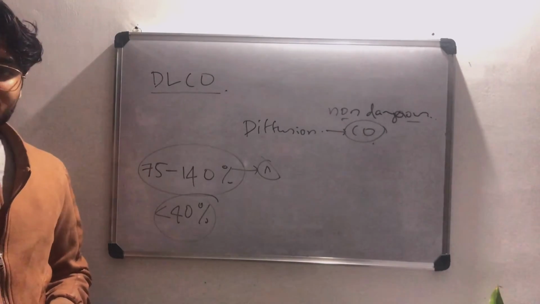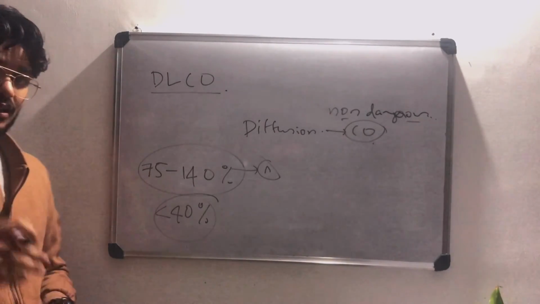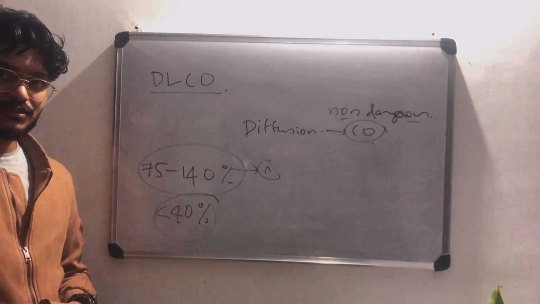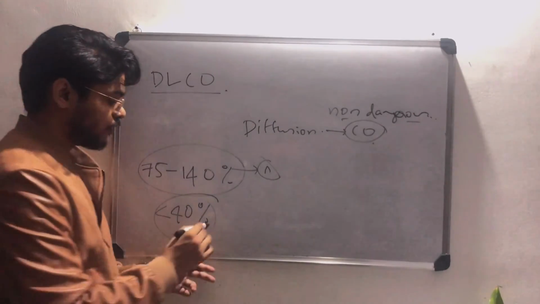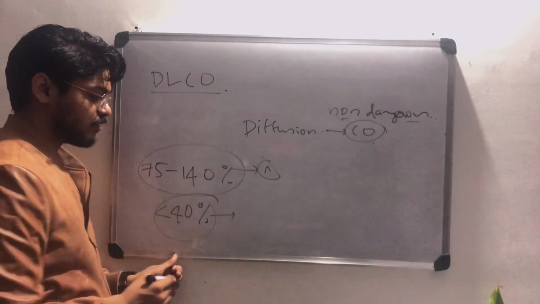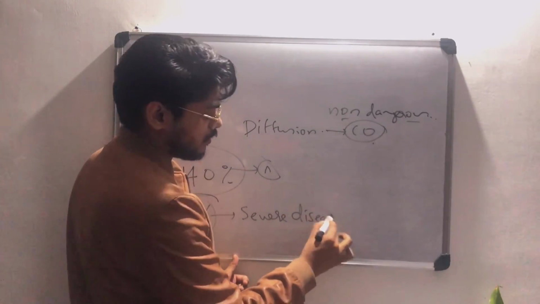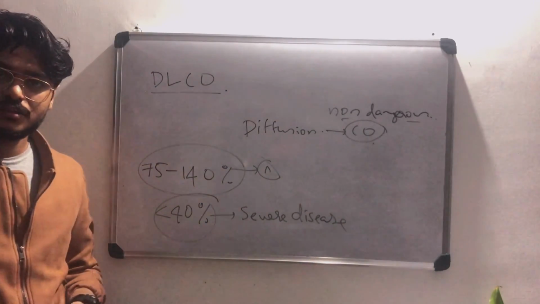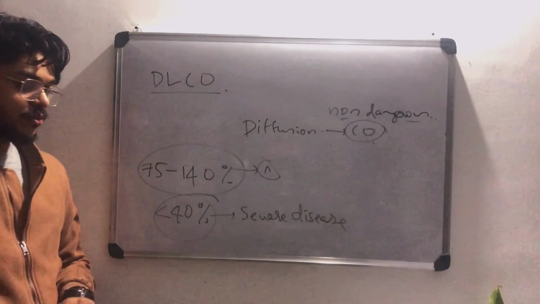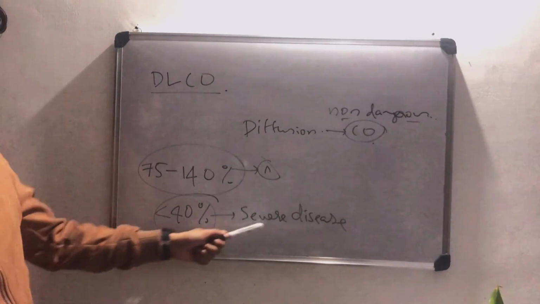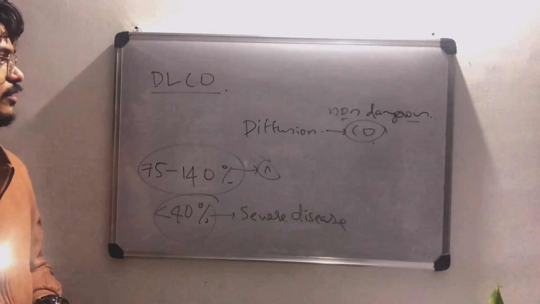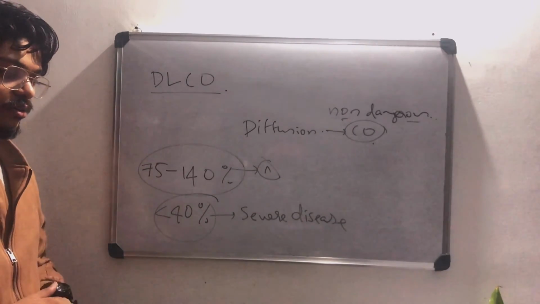That means DLCO is very low, so diffusion is very low. There is some problem with diffusion. That means it is a severe disease, like interstitial lung disease, right, or emphysema. So this denotes some severe disease if DLCO is less than 40. This is all about DLCO that I need to talk to you about right now.